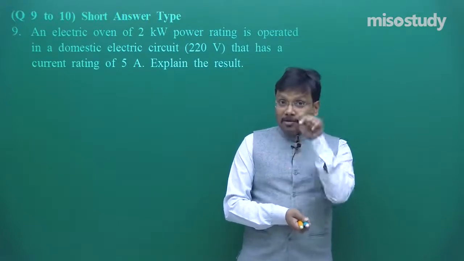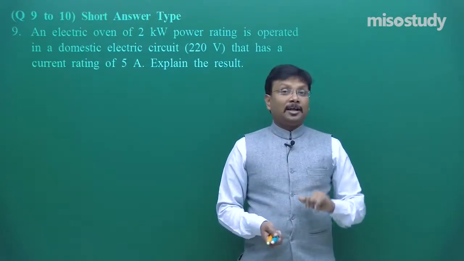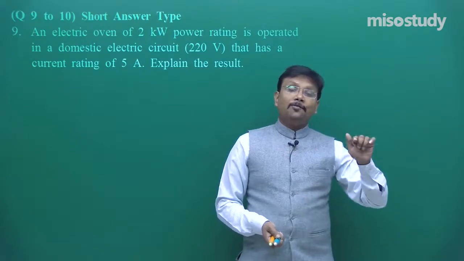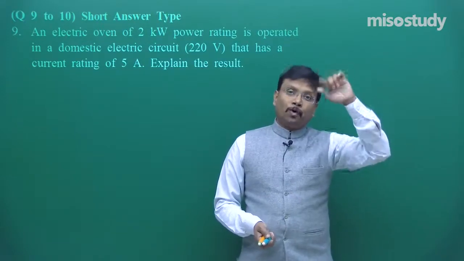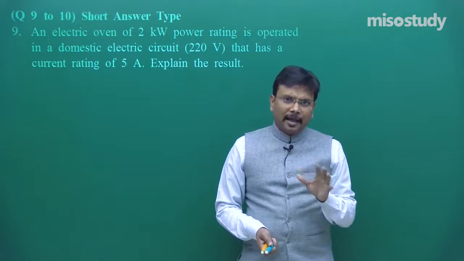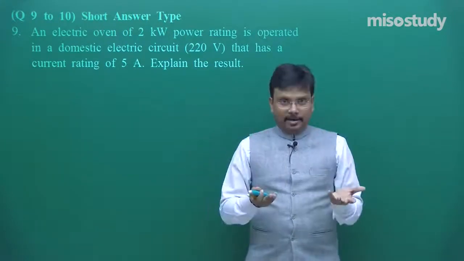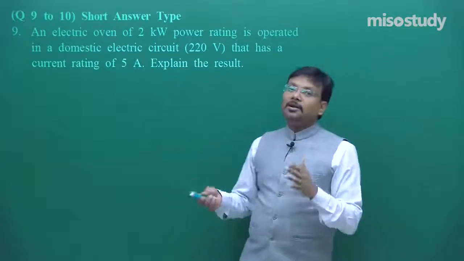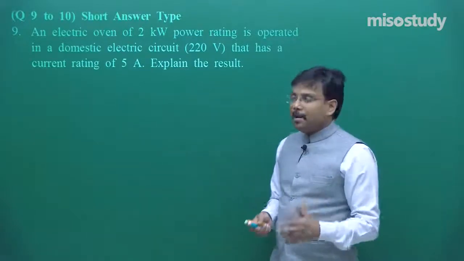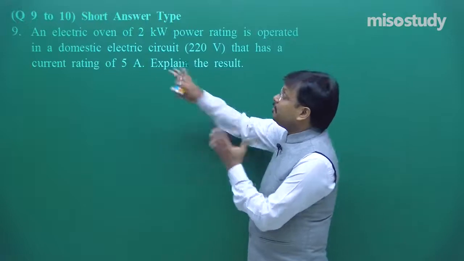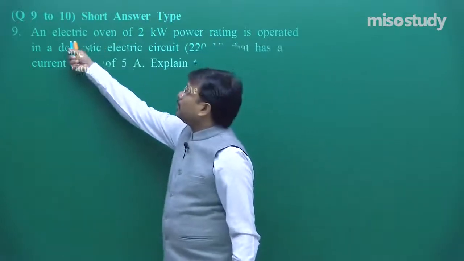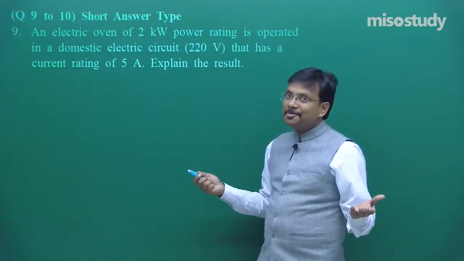But then it is also mentioned this refrigerator can operate 180 volt to 230 volt, something like that. It means the range is large, 220 is ideal. So, this question is based upon that type of concept.